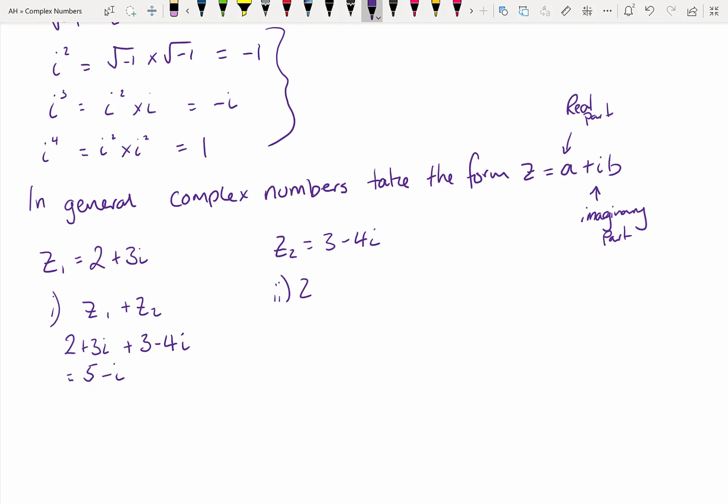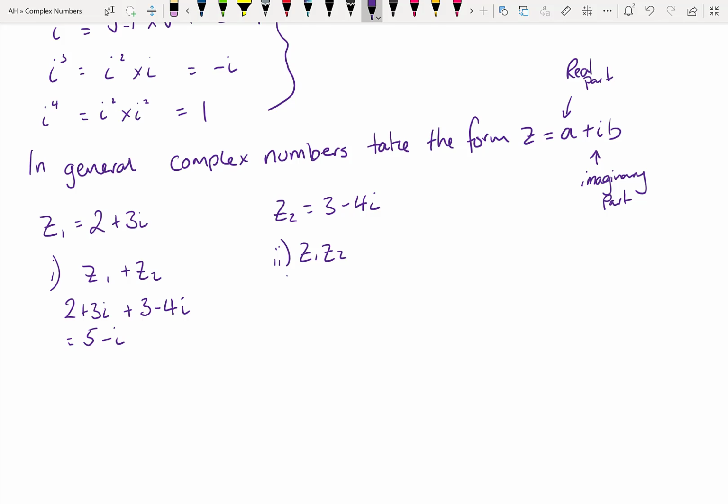If we want to multiply them together, again, we can do that, treating it almost as though it was algebra. Multiply out your brackets, you're going to end up getting 6 minus 8i plus 9i minus 12i squared. Okay, and this is going to be one of these instances, again, where we are remembering that i squared is equal to -1.